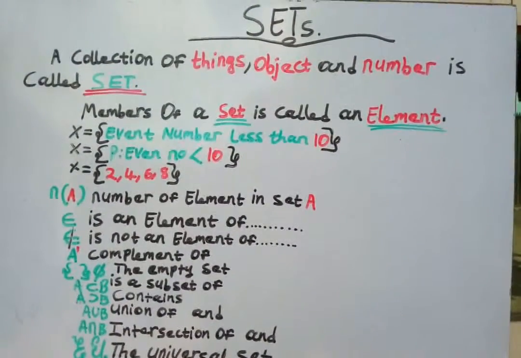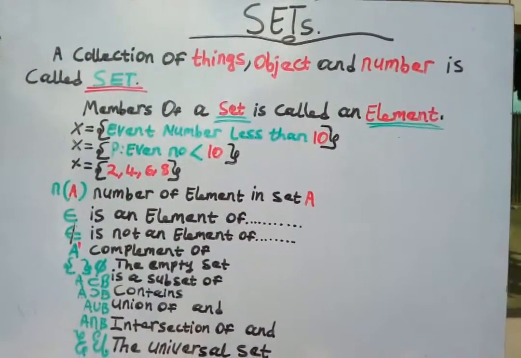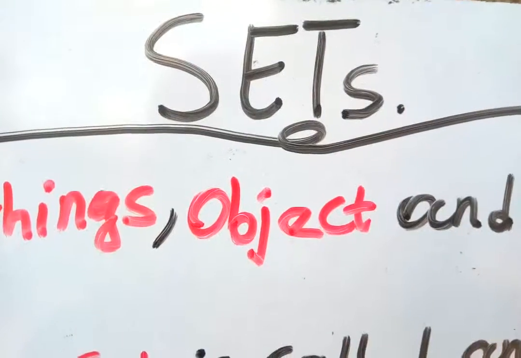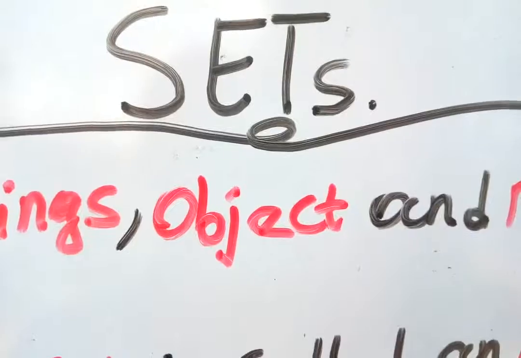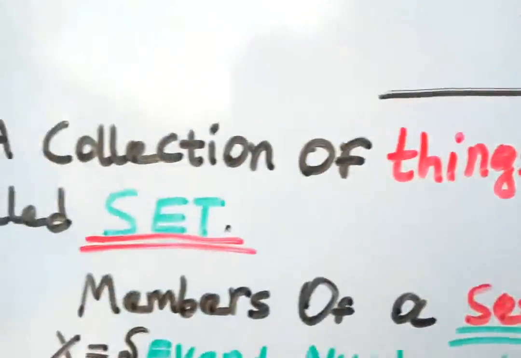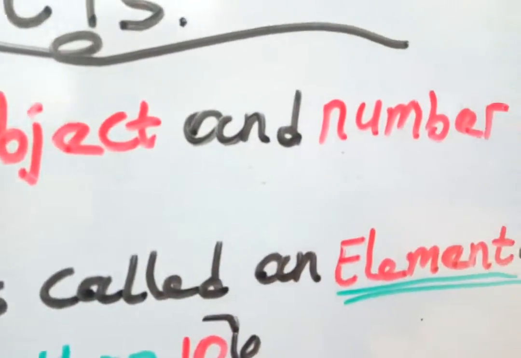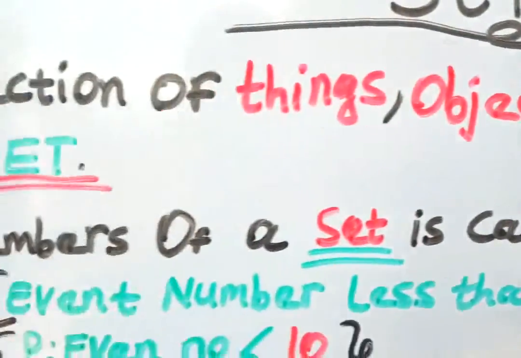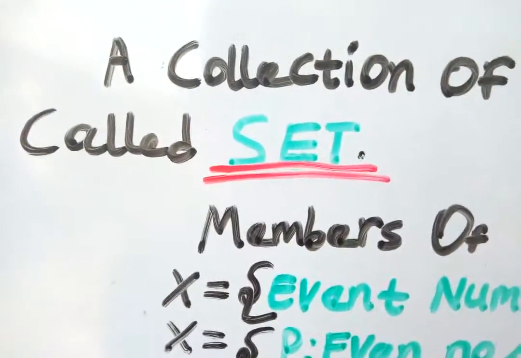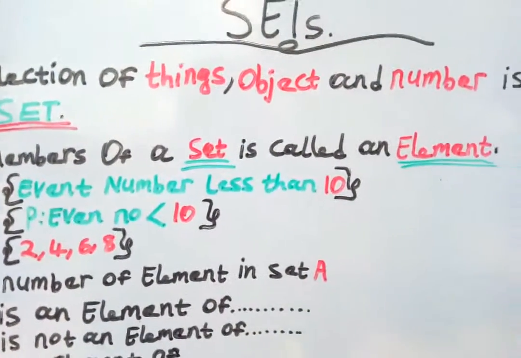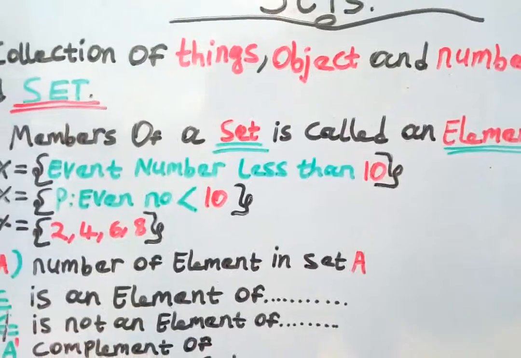Now I would like you guys to pause this video and study what this symbol means. When we're dealing with sets, a collection of things, objects, and numbers is called a set. Remember, a member of a set is called an element.